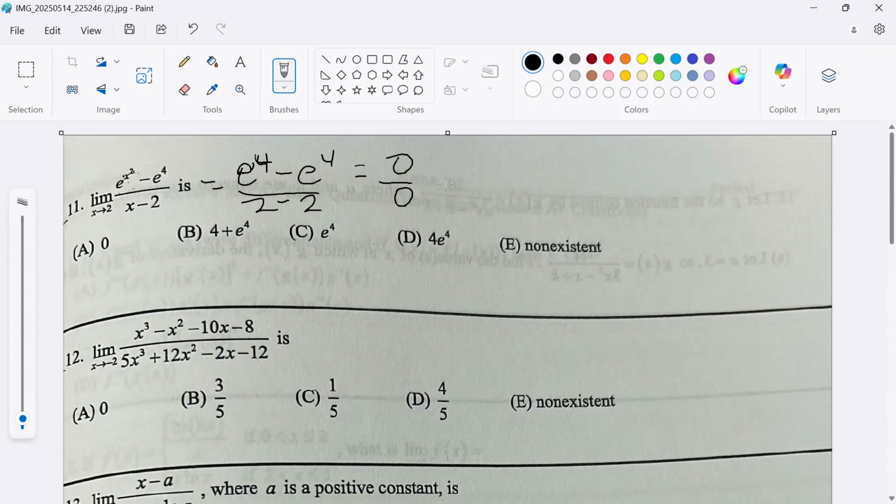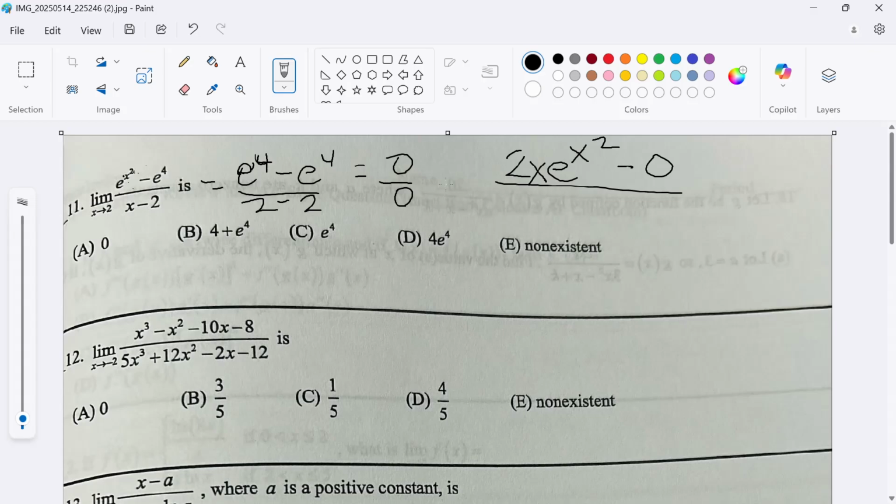What's the derivative of e to the x squared? Well, it's going to be e to the x squared power, and then times the derivative of x squared, which is 2x. So 2x e to the x squared. And then e to the 4th is just a number. There's no x there. So the derivative of e to the 4th is 0. So that's minus 0, divided by the derivative of x minus 2.